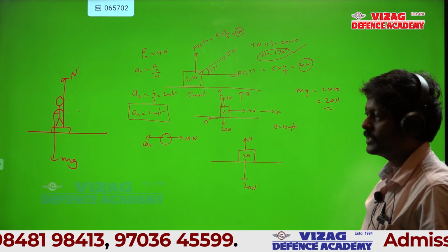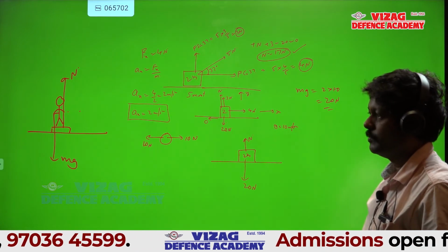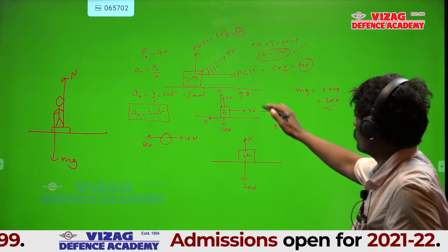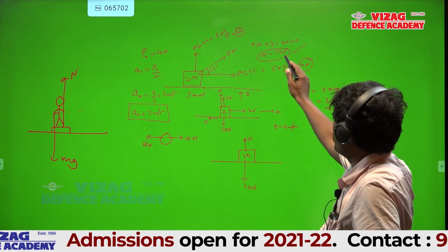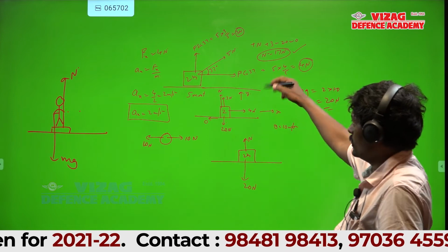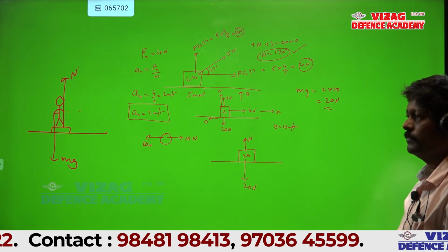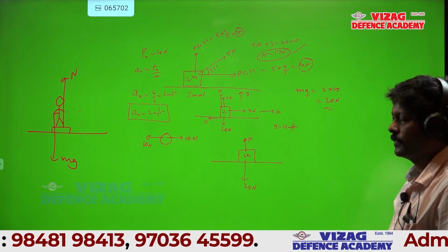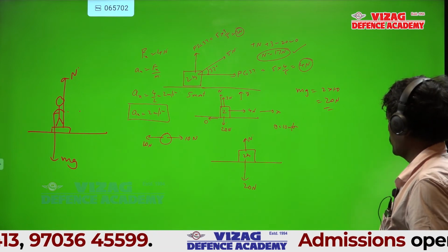So normal reaction may become equal to weight, or may not. In this problem, normal reaction is 17, which is not equal to the weight of the body. Have you written this problem? Very good. I am going to the next one.